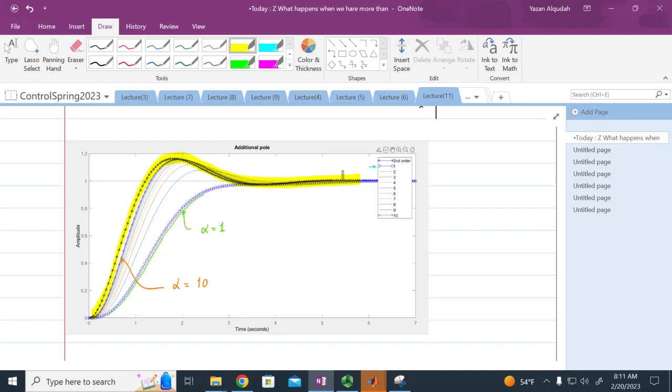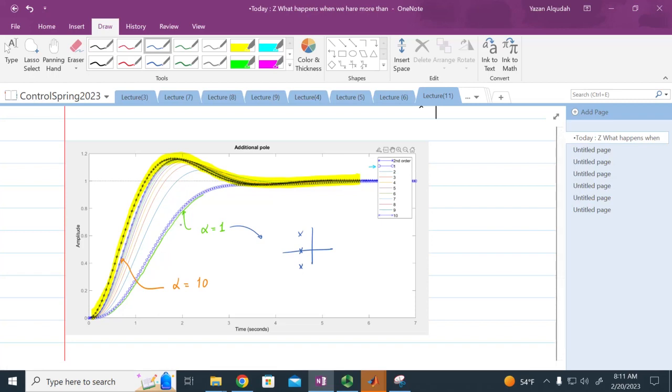However, when alpha is very close to the second order system, which is the case when alpha is equal to 1, we see that the responses are very different. You see it? When alpha is equal to 1, I have the poles of the second order system somewhere here, and I have the third pole that's also on the real axis at the same location.